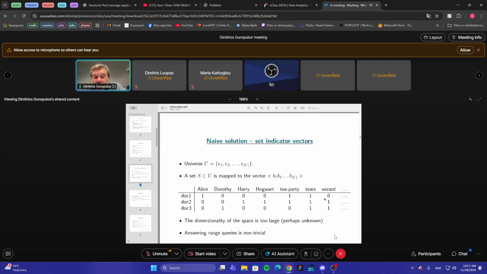Then I count the ones in the AND of the two vectors, that's the size of the intersection, and the number of ones in the OR of the two vectors, that's the size of the union, and I divide. That's the Jaccard coefficient of two documents. So it's trivial to do if I only have two documents.